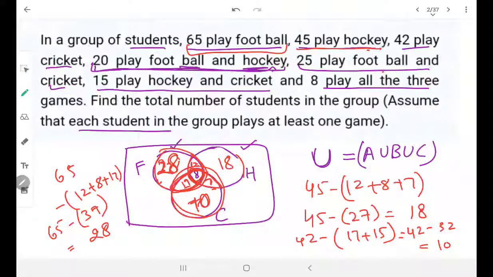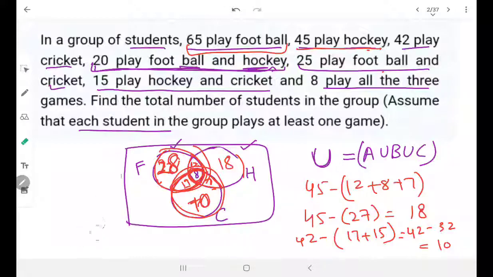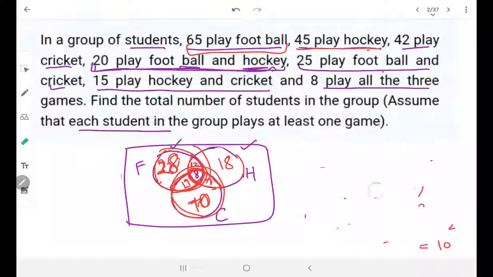So the total number of students, you can add them all. What it would be, I am just rubbing it off. So the total will be 28.